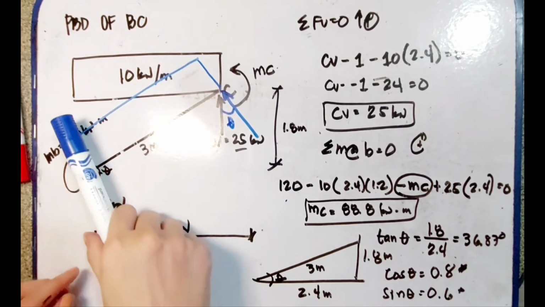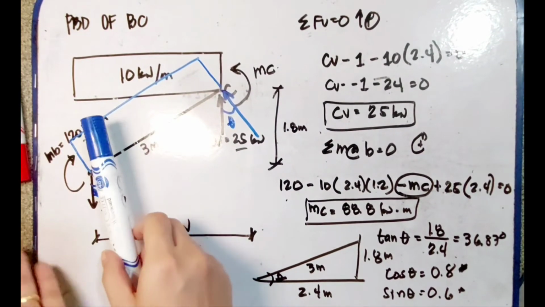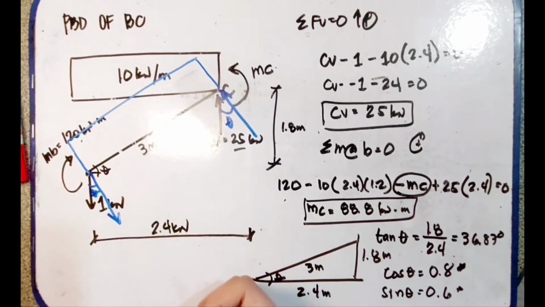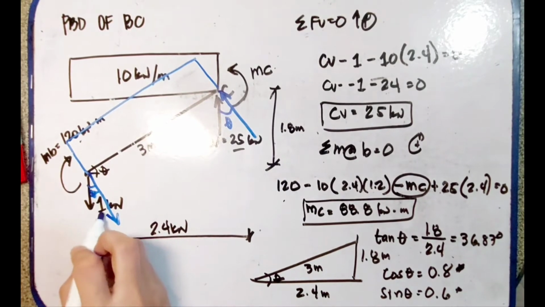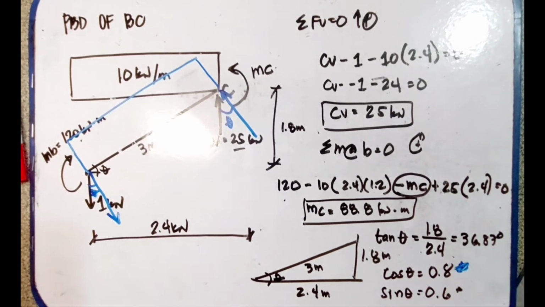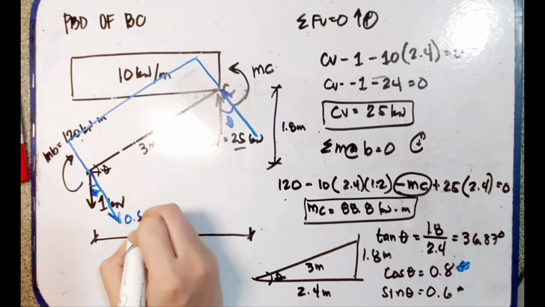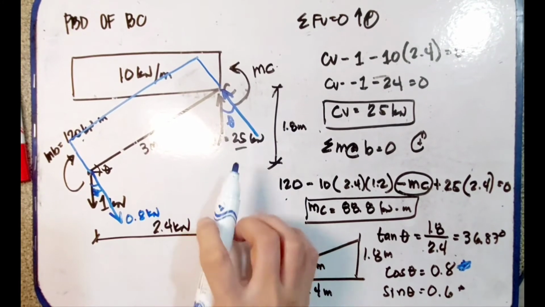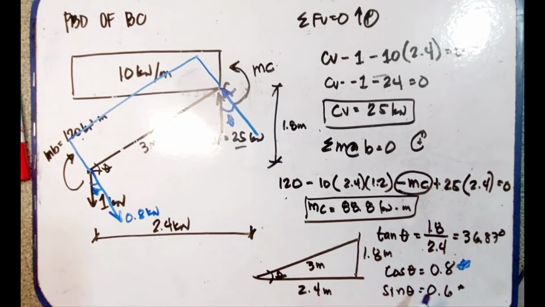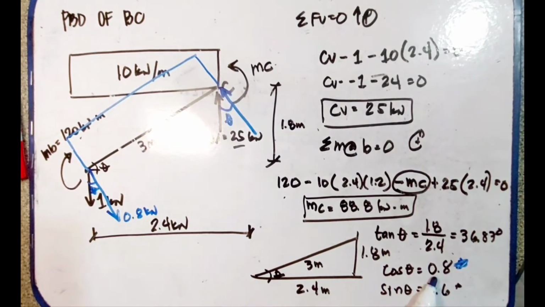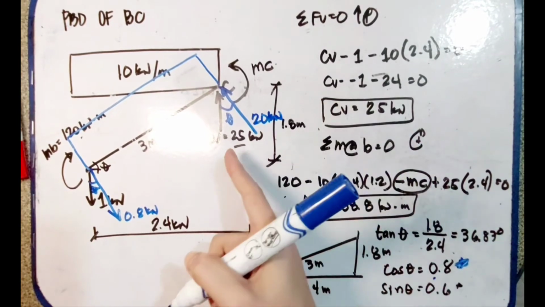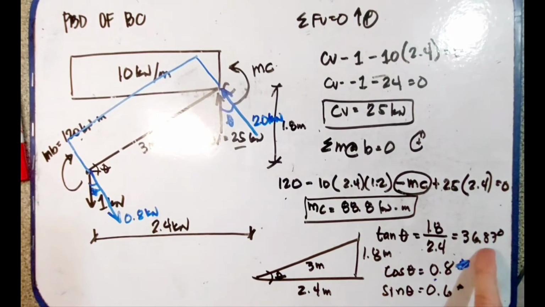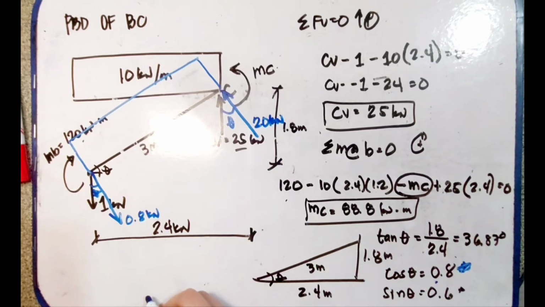Theta lahat yan ha, kasi parang umusog lang tayo ng konting angle, which is yung 36.87. So, 1 multiplied by cosine, kasi adjacent lang, so that is 0.8 kilonewton. So, 25 multiplied by 0.8, which is your cosine, so that is 20. Kung may duda kayo, ang gawin nyo, 25 cosine of 36.87. 20 din yung sagot dyan.